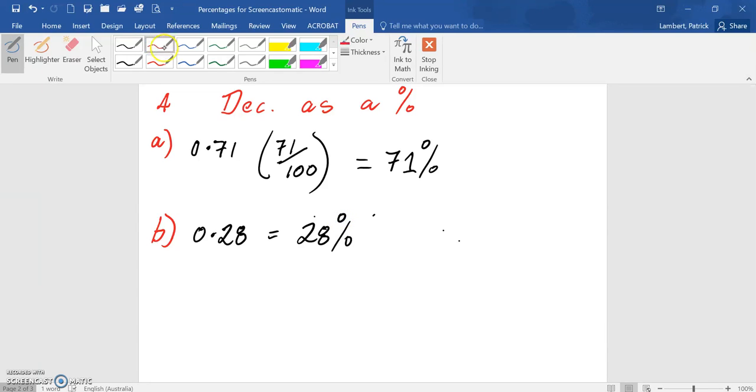Then part C is 0.05. Multiplying it by 100 moves the decimal point 2 places to the right, so that becomes 5%. Then let's have a look at part N.